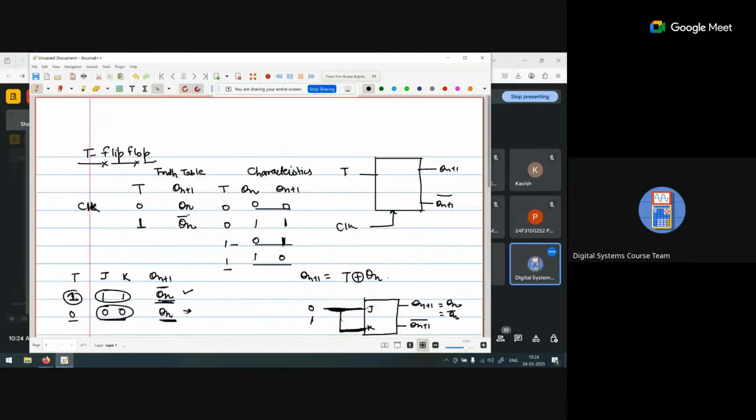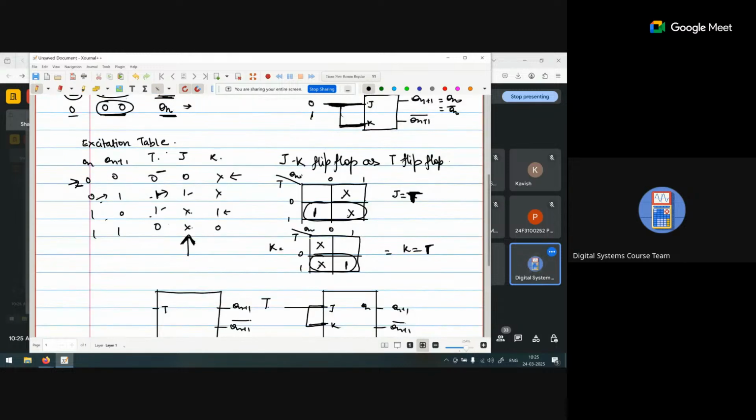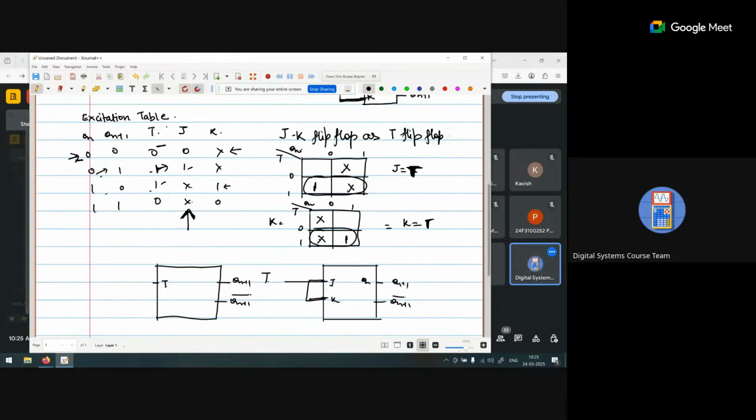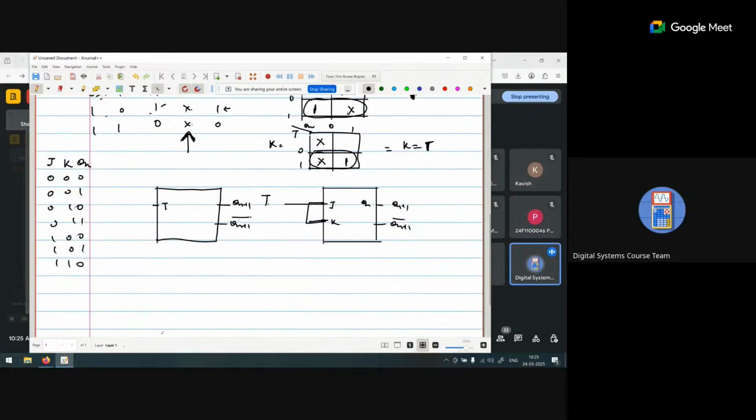So what we do, we are creating J, K, Qn: 0 0 0, 0 0 1, 0 1 0, 0 1 1, 1 0 0, 1 0 1, 1 1 0, 1 1 1. What is the Qn plus 1? 0 1 0 0 1 1 1 0.